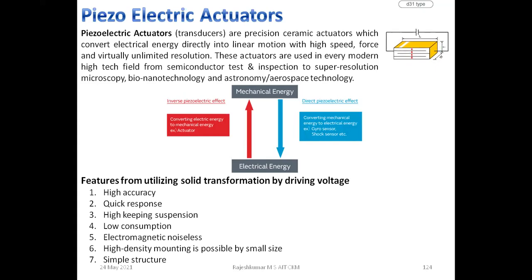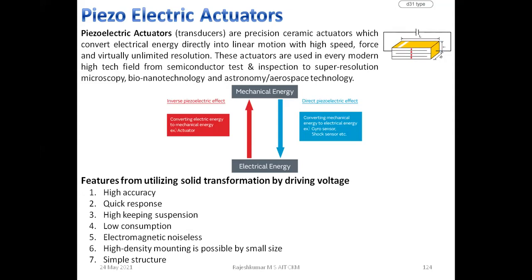The piezoelectric effect has certain features which are utilized for solid transformation to derive voltage. First, it has higher accuracy. The accuracy of piezoelectric devices is very high.